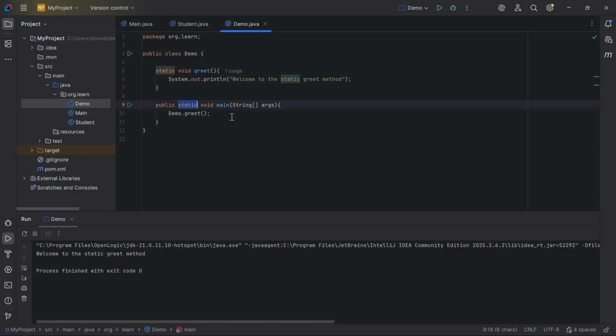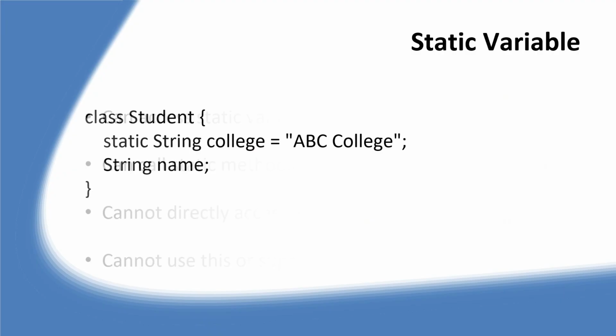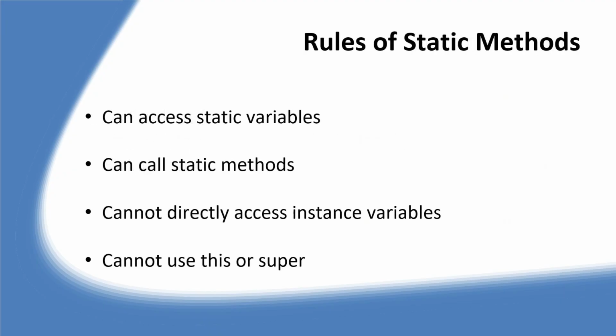Now we will see some rules of static methods. So what are the rules of a static method? Focus here. This is a static method, not a static variable. Static method rules we are studying. A static method can access static variables. It can call static methods.